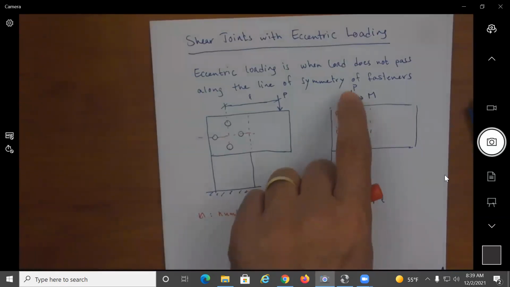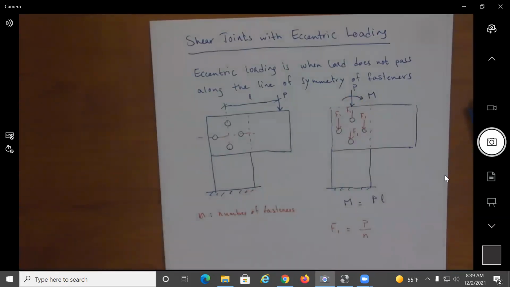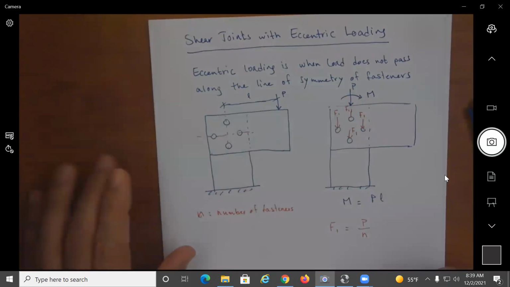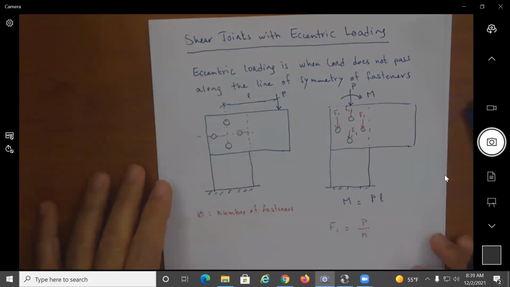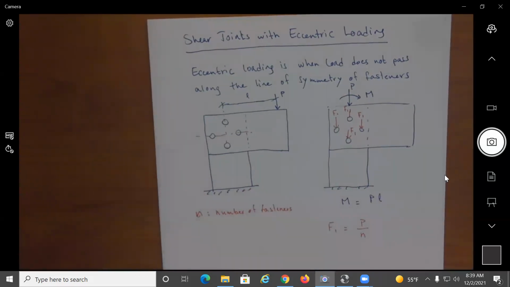But how about M? How is M going to be taken care of? Imagine this bending moment is trying to rotate one of the plates with respect to the other. The fasteners have to resist this motion.